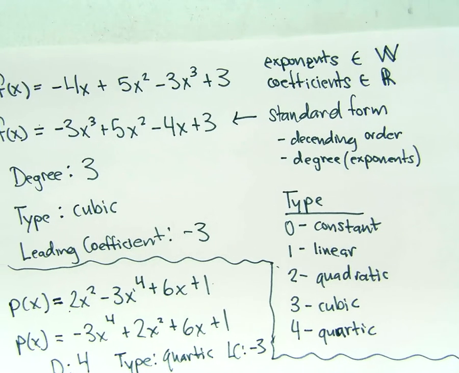So now that we understand how to identify a polynomial and how to find its parts, the next thing we have to know is how to determine the end behavior. Before we can graph, we have to know how to determine the end behavior.